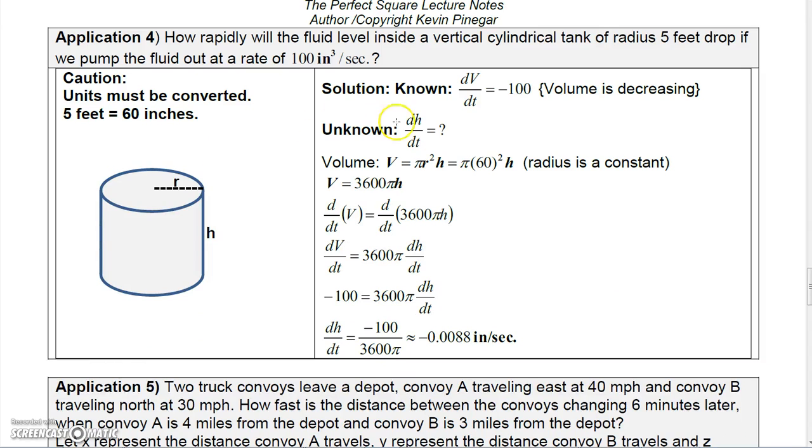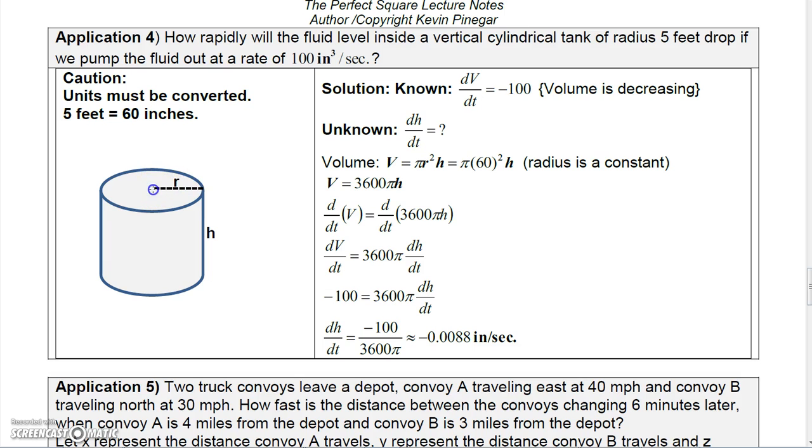Okay, here's another example. How rapidly will the fluid level inside a vertical cylindrical tank of radius 5 feet drop if we pump the fluid out at a rate of 100 cubic inches per second? Now one thing you must remember is that the radius of this tank is 5 feet.